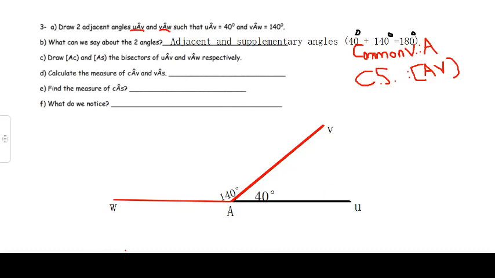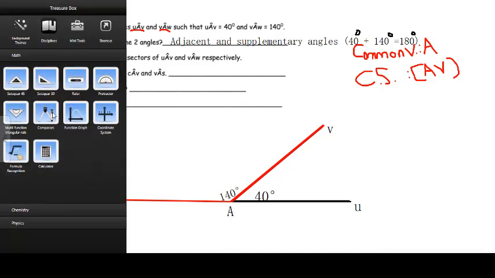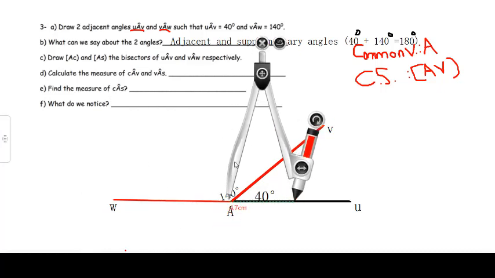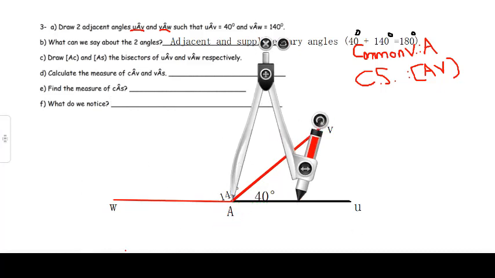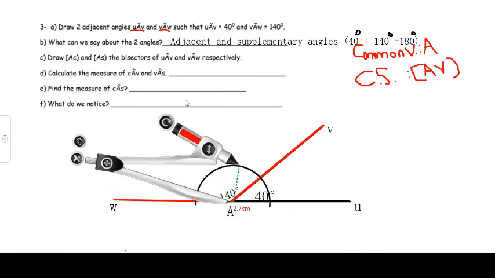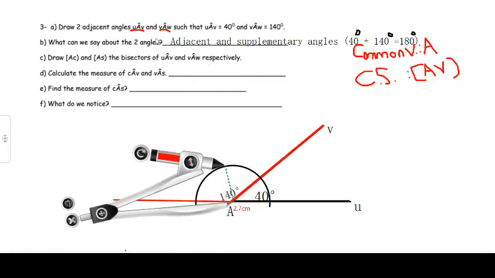We are going to use the compass. How to make it? I use my compass. This is my compass. I put it on the vertex A and then I draw an arc. This is the arc. Okay, this arc will intersect the angles in 2 points.